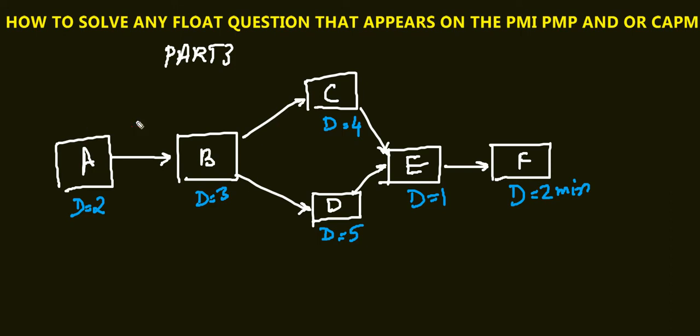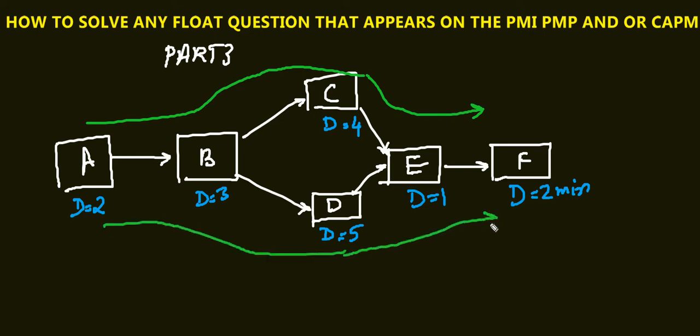So what we did in the last class, we took the paths, isn't it? Path 1 and then path 2. Okay, so let's say A, B, C, E, F. We found something, and then A, B, D, E, F. We calculated and we found something.